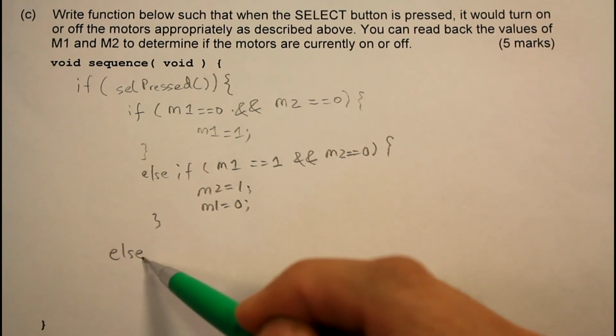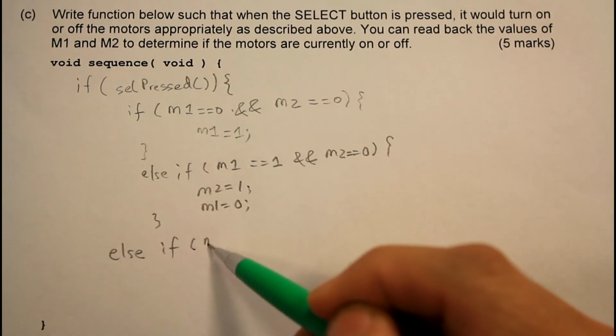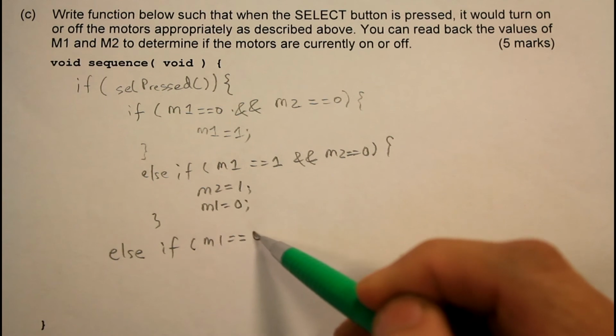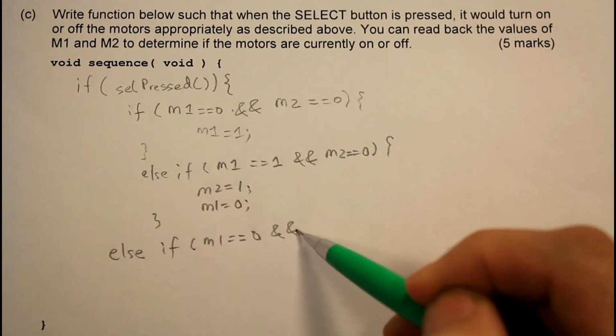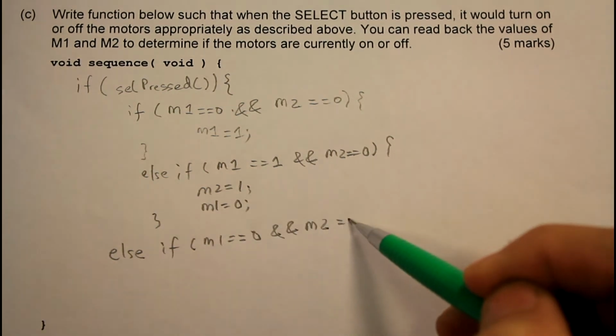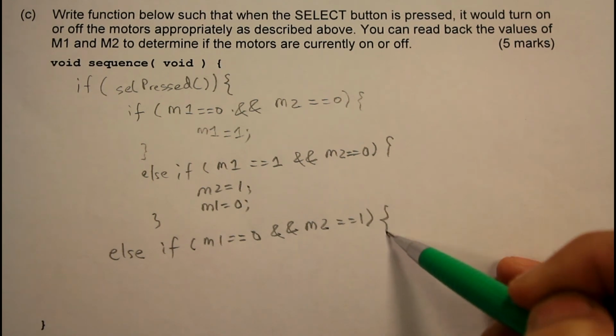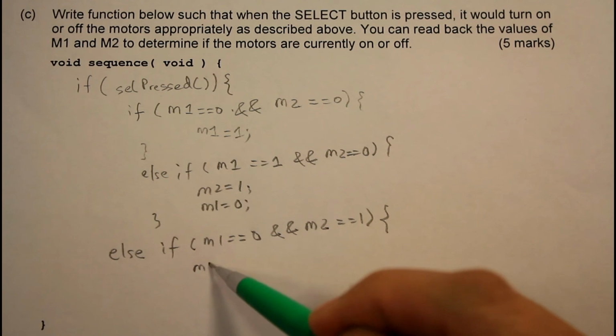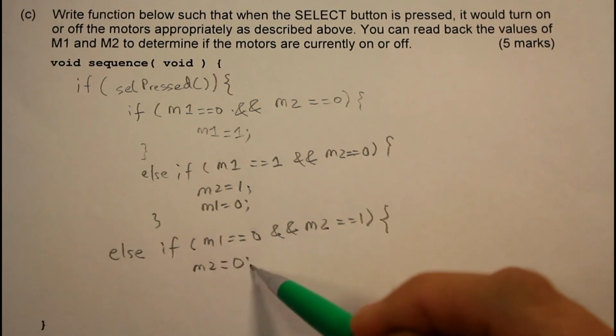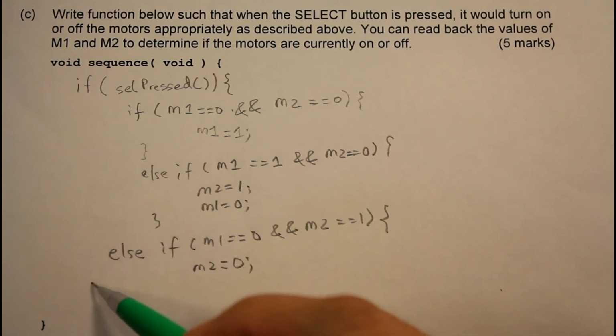Else, if M1 is off and M2 is on, then we have to turn off M2. That will finish our task.